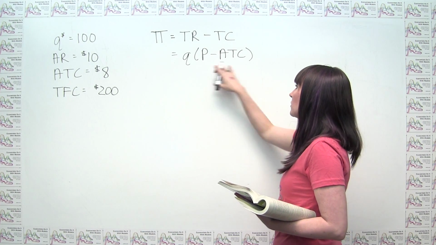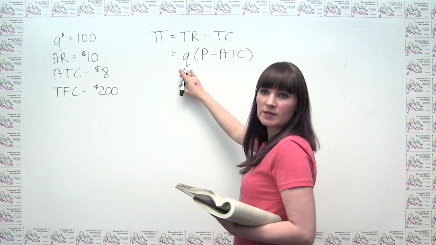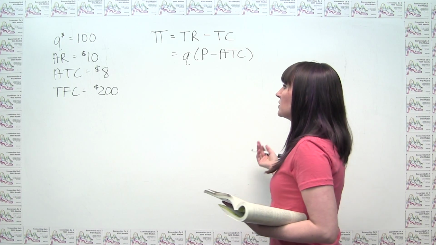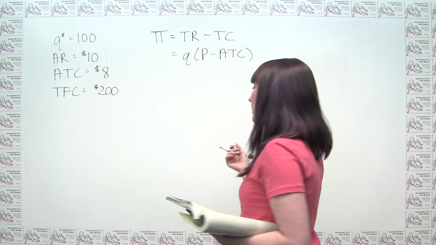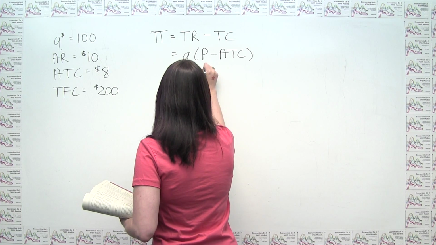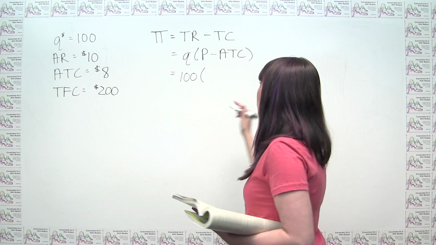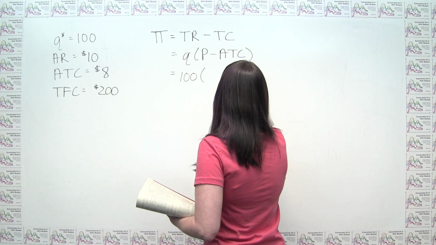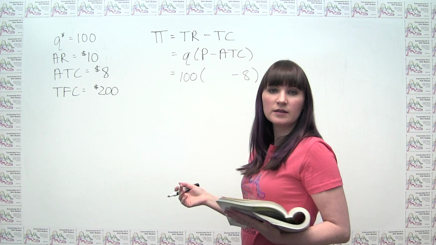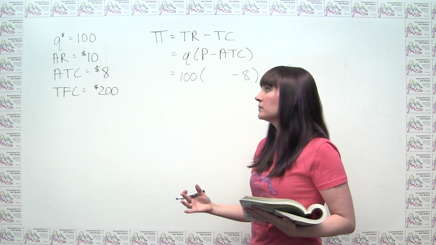So you're going to get profit per unit times the number of units that you produced. If we think about it this way, we have most of the things that we need, right? We know that our quantity is 100. We know that our average total cost is 8. So the only thing we need to fill in is this price.